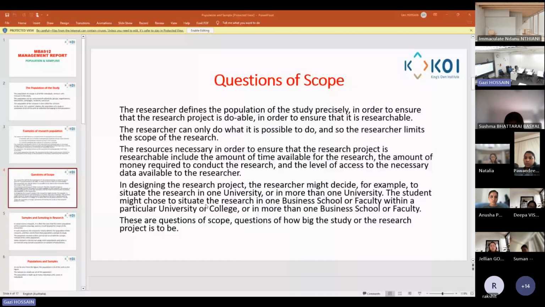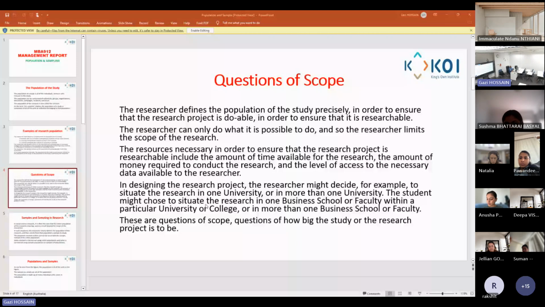Some research is carried out using entire populations, and some is carried out using a sample of the population. So, as I said, for example, if your population is 45 or 50 universities' vice chancellors, it may be possible for you to go with the entire population because it is only 55.